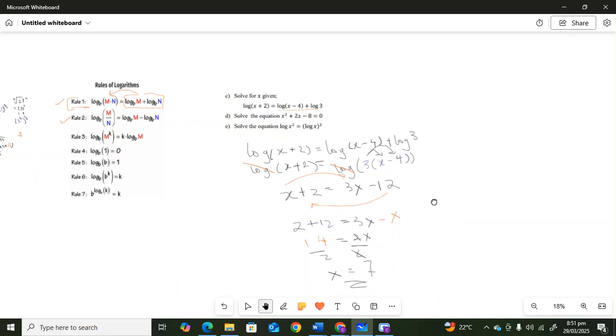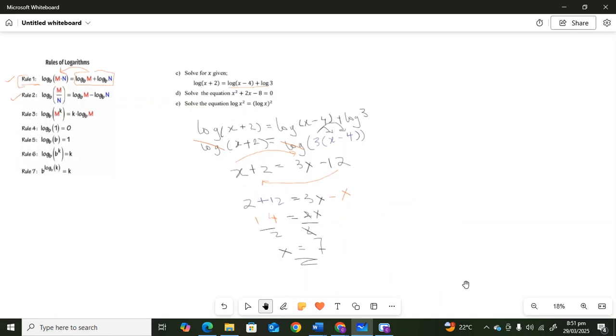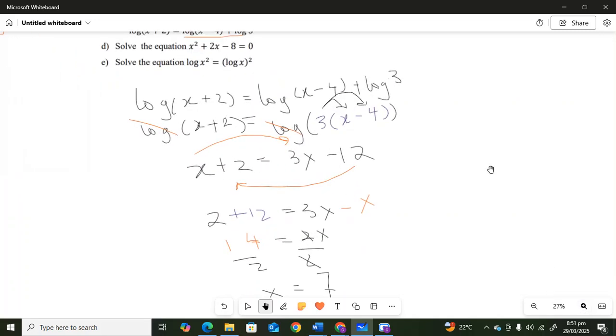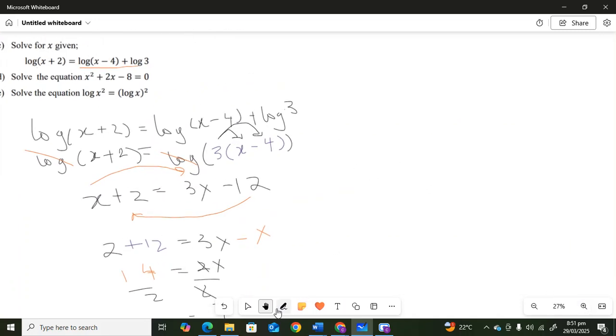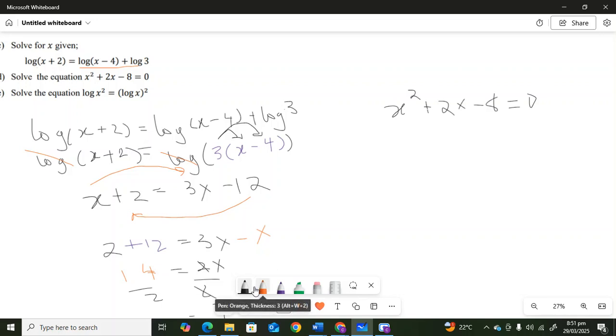Okay, the next question, solve, this one is a quadratic equation, x squared plus 2x minus 8. Yes, so when you're dealing with quadratic equations, label your leading coefficient, which is a.